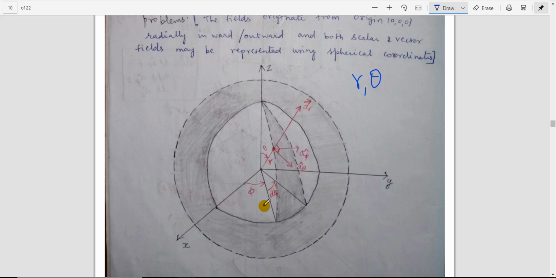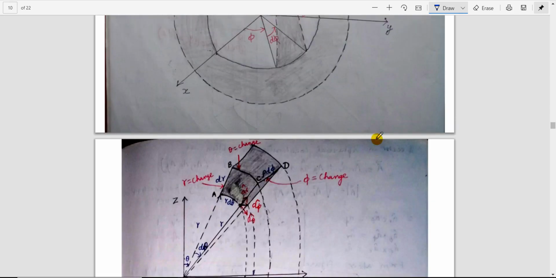The angle is called phi, and this angle is called the azimuth angle. So these three parameters define the spherical coordinate system.